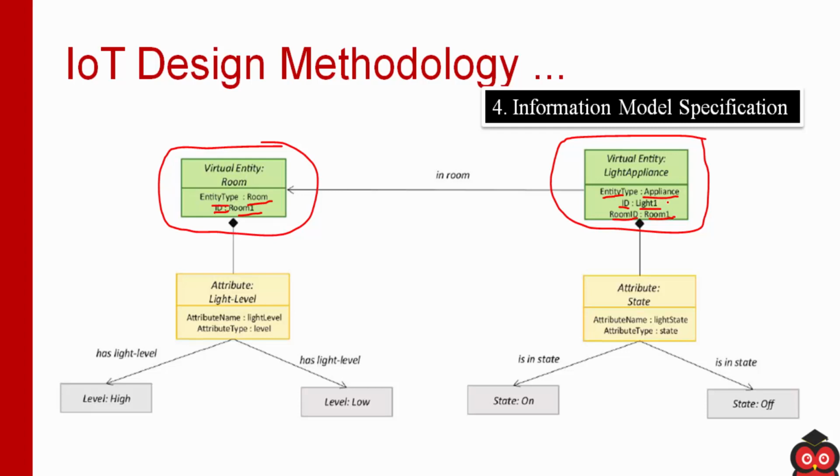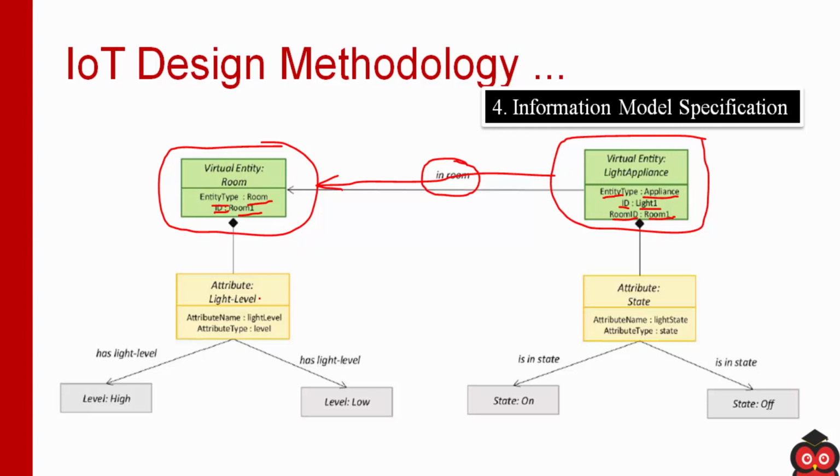So they are telling that light 1 is a part of room 1. Similarly, we can have light 2 which is part of room 2. The relationship they are giving is association, that means this light bulb is associated with this room, and the relationship name is in room, that means the light is inside this room.